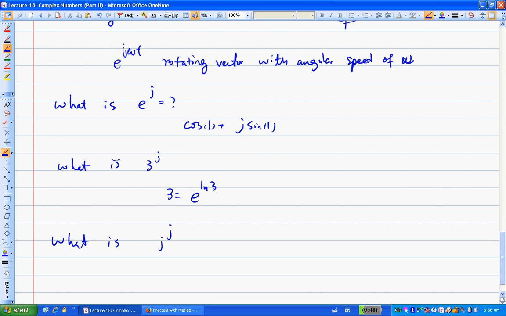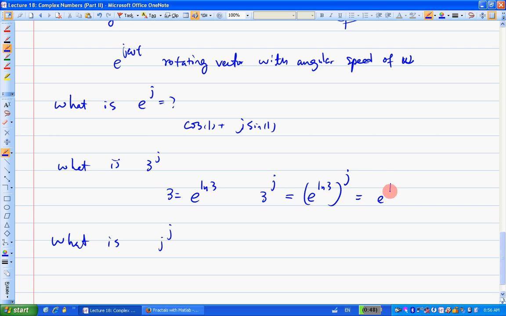Is that it? Yeah. So then 3 to the power of j will be, that makes sense, right? So then this thing, e to the power a, to the power of b, is e to the power of a multiplied by b, right?